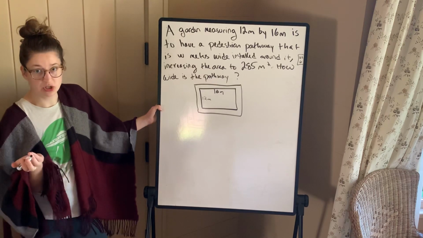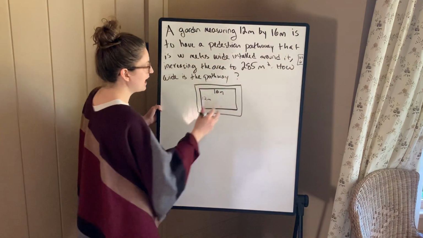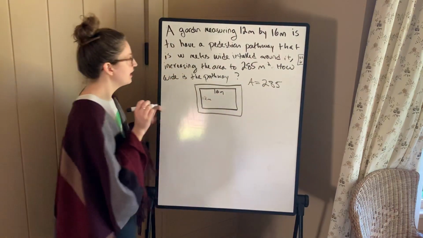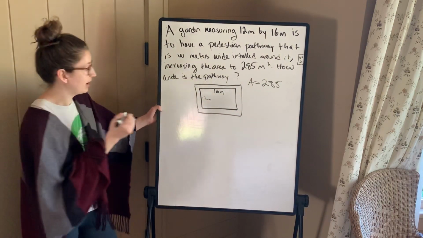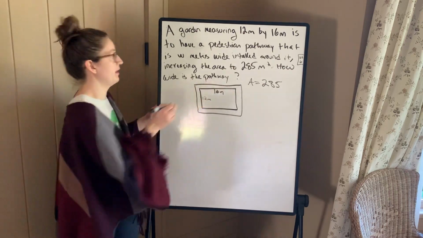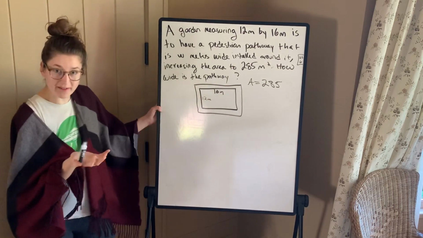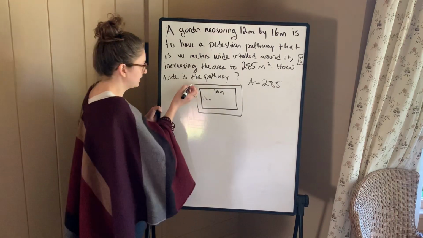So what are the new dimensions? Because we know that the new area, the area of this whole thing, is 285 meters. And we know that the way that we find area is length times width. So what's the area of the whole thing? Well, we have to ask, what's the new width of this thing?